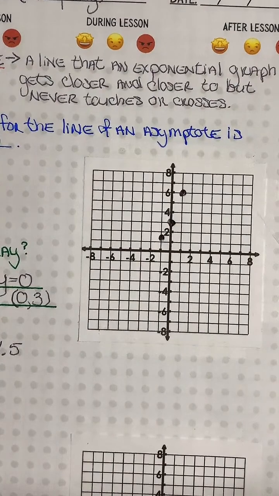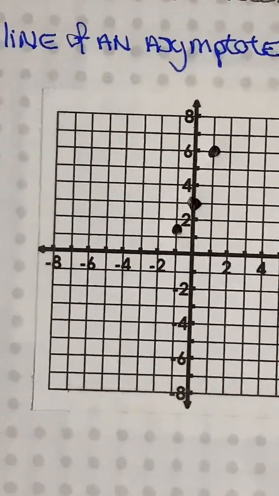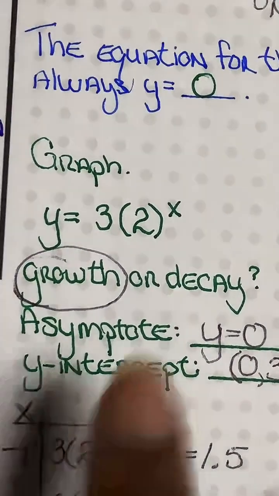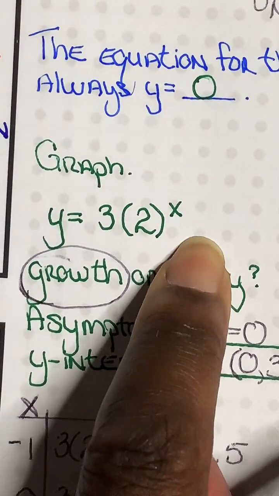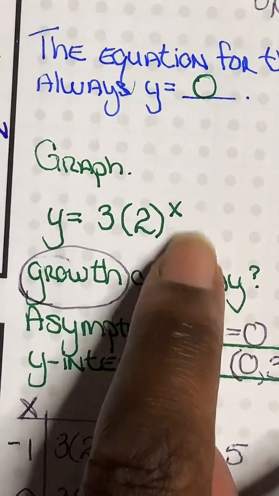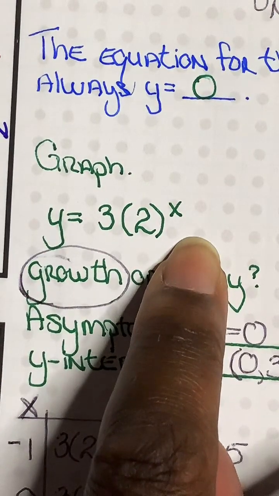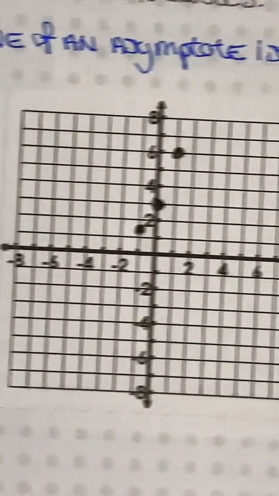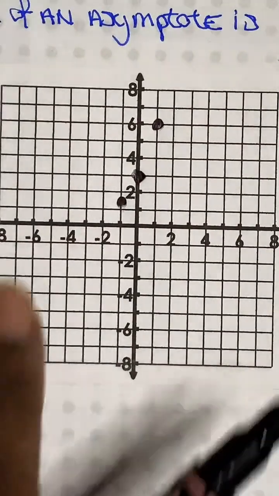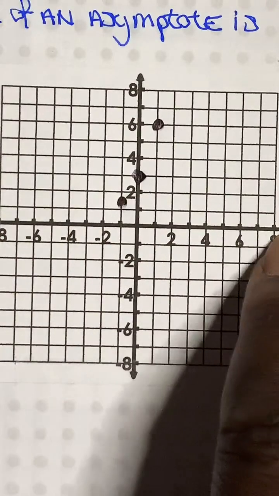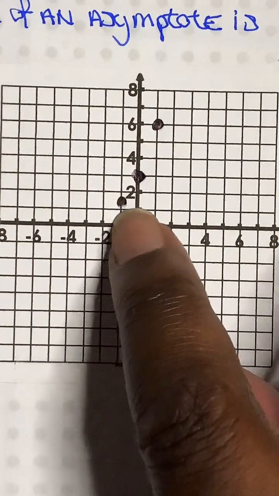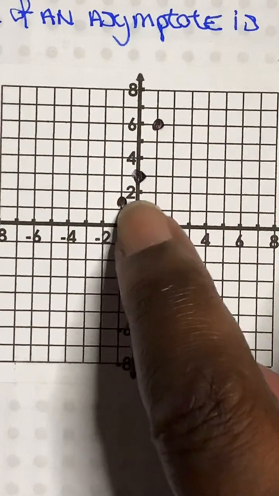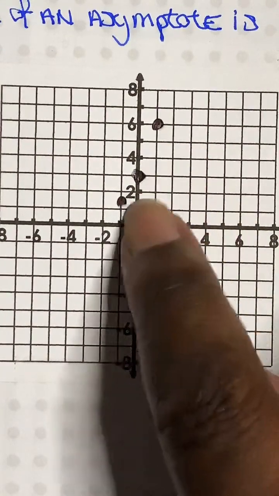Now, taking a look at our points, and remember with our graph, if we don't have a plus something or a minus something, that means my asymptote is going to be y equals 0. So if I come over here, y equals 0 is basically your x-axis. Notice the graph has a slight little turn. You see how it's very small, but you still have a turn.